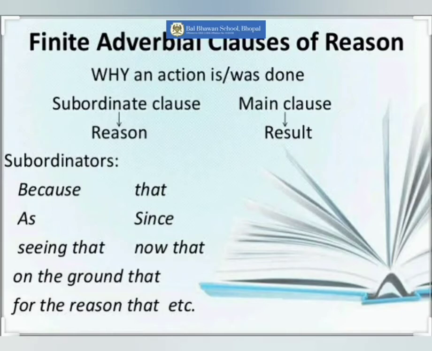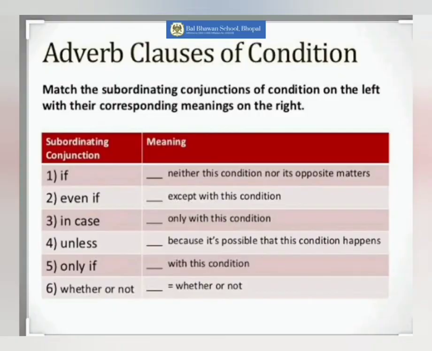For example, he was late, hence was not allowed to attend the assembly. Next one is the adverbial clause of condition. An adverbial clause of condition gives the circumstances under which the action in the main clause will take place.